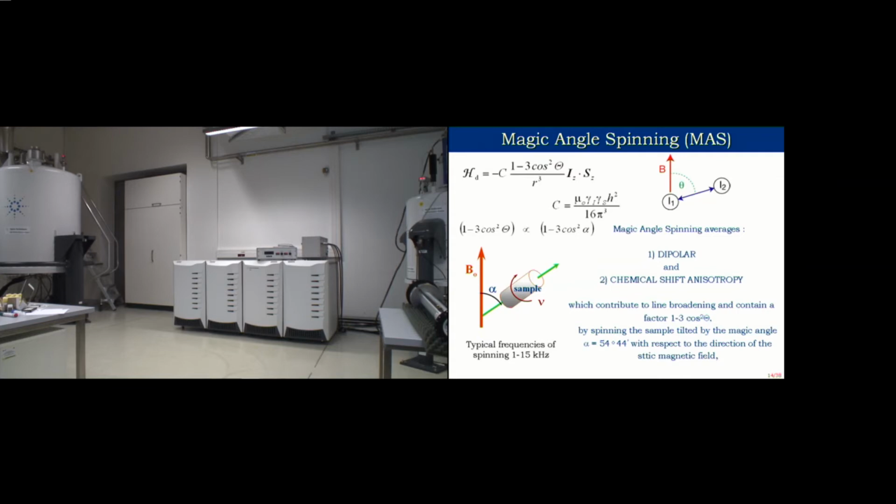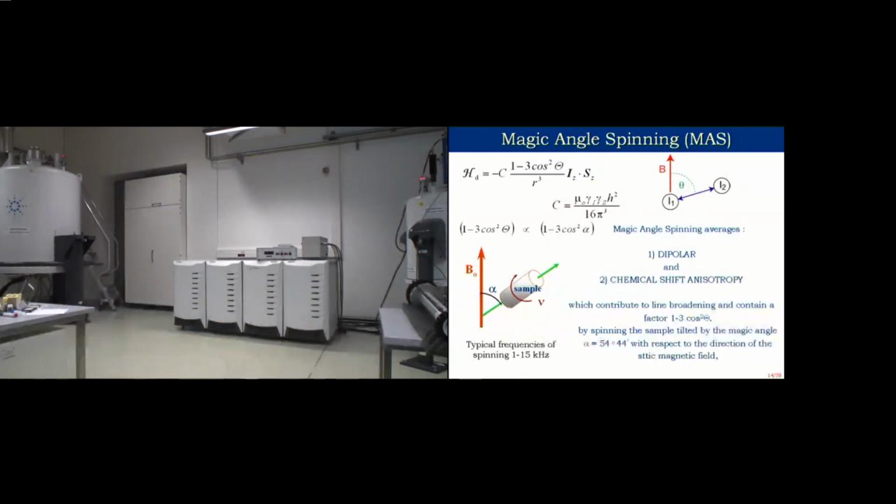From primary school physics, we know that it would be possible by heating the system, but we would like to keep the system the same. So we can make something like averaging of the interactions, averaging local fields, by turning the system very fast at frequencies comparable to the coupling of interactions, to the splitting of them.